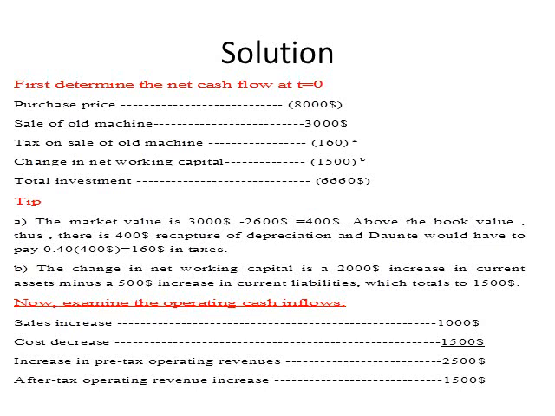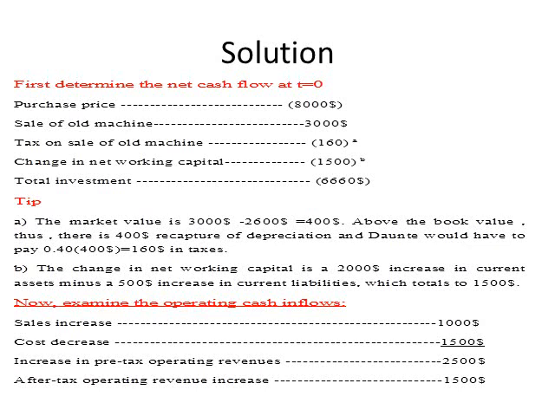So when he sells the old one, he is going to receive $3,000. Then the tax on the sale of the old machine is negative 160. Where did we get this 160? The 160 comes from 3,000, which is the sale price of the old machine, minus its book value, which was mentioned in the previous slide in the exercise, 2,600.